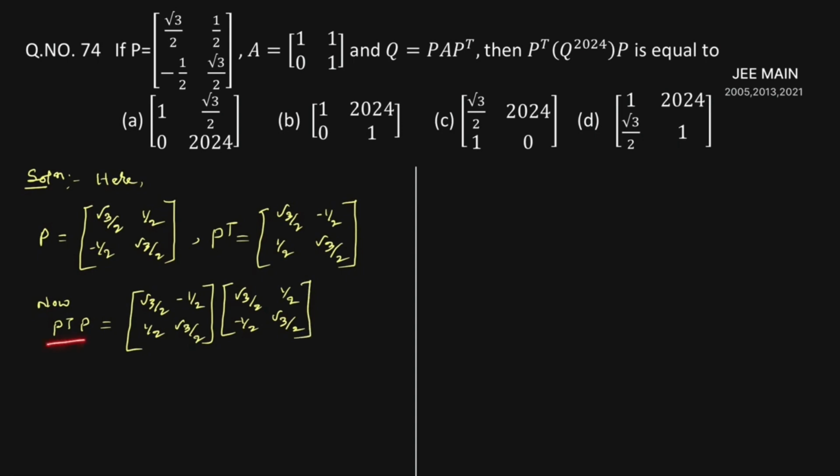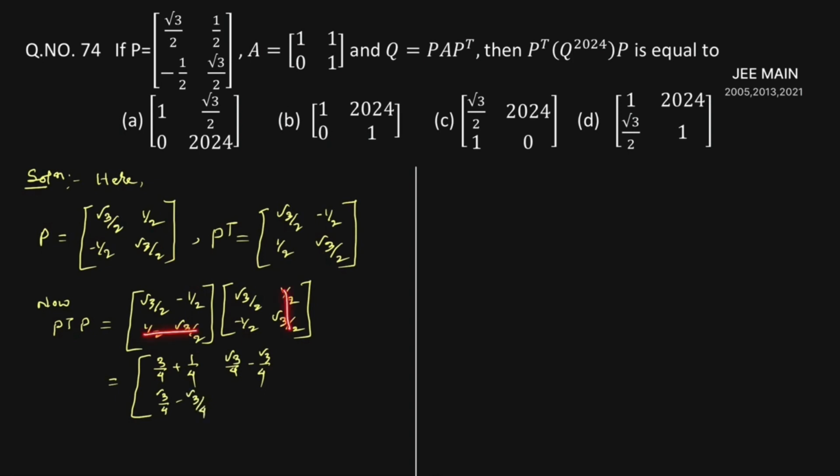Now we multiply P transpose P. First row first column is equal to 3 by 4 plus 1 by 4. First row second column is equal to root 3 by 4 minus root 3 by 4. Second row first column is equal to root 3 by 4 minus root 3 by 4.